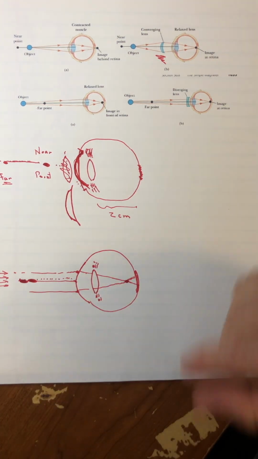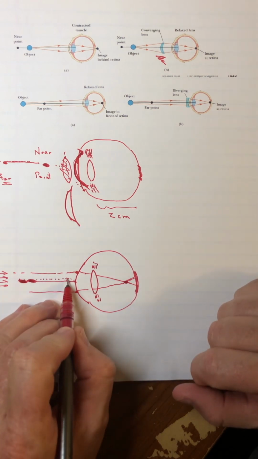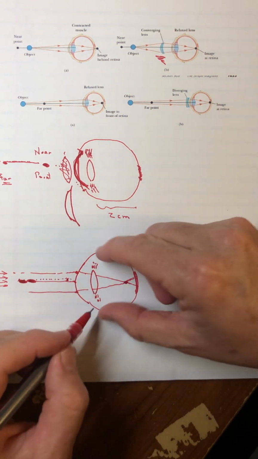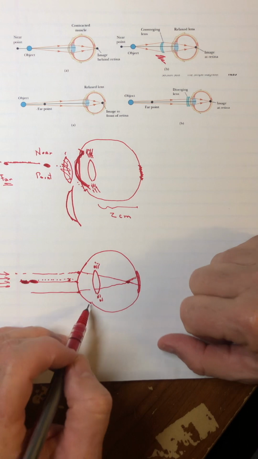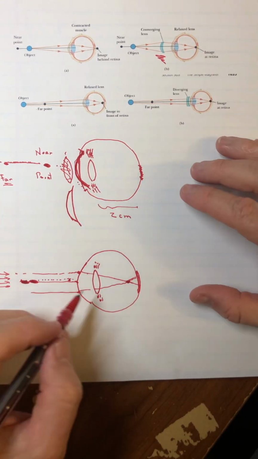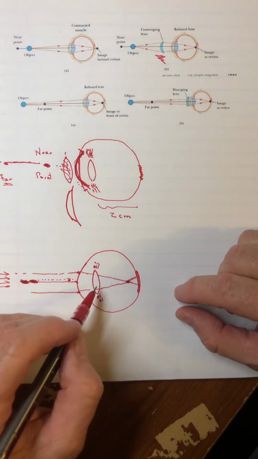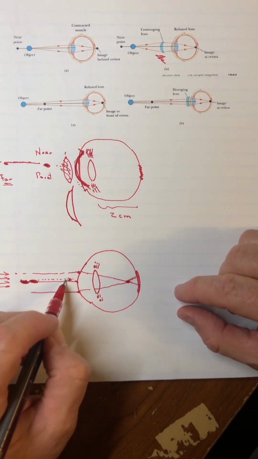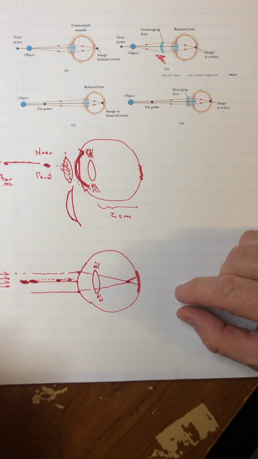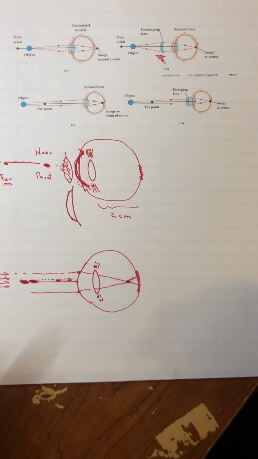And when I was younger and nearsighted, I could see really close, because I could just keep squishing my lens. Now, sadly, as I've gotten older, my squishiness has deteriorated, and now I need reading glasses for things up close.